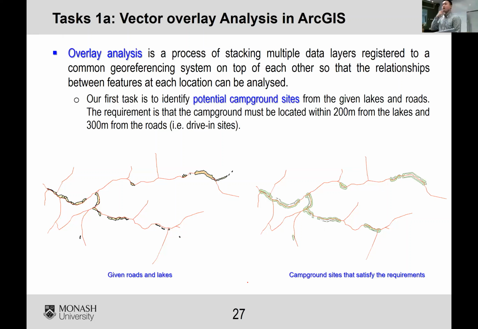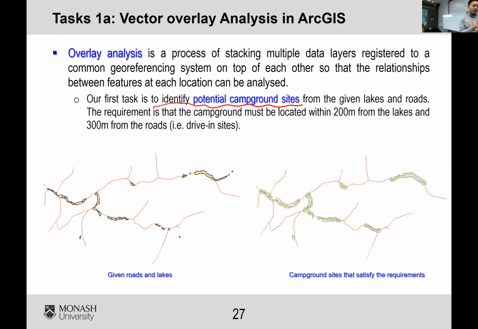So here is a very quick rundown of the tasks you will be doing in the next 30 minutes. The first task is to identify the potential campground sites. I already gave you this example earlier when we talked about intersection and vector overlays.